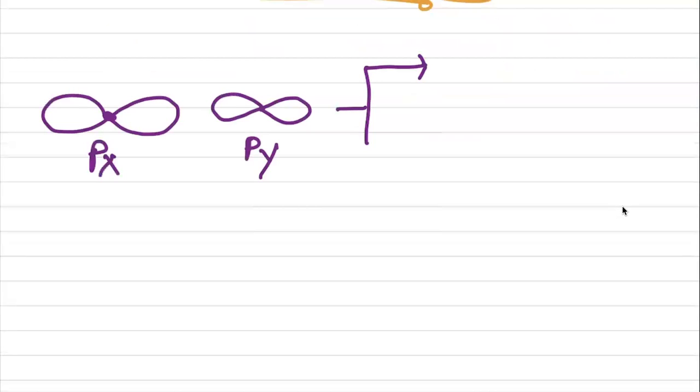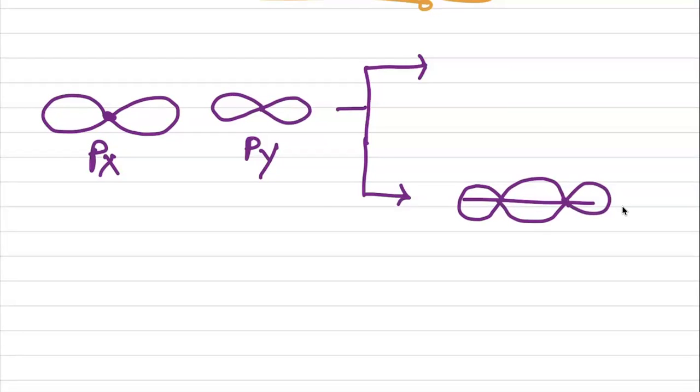When addition takes place between the same sign, then it looks like this. This is sigma 2p, the bonding MO.